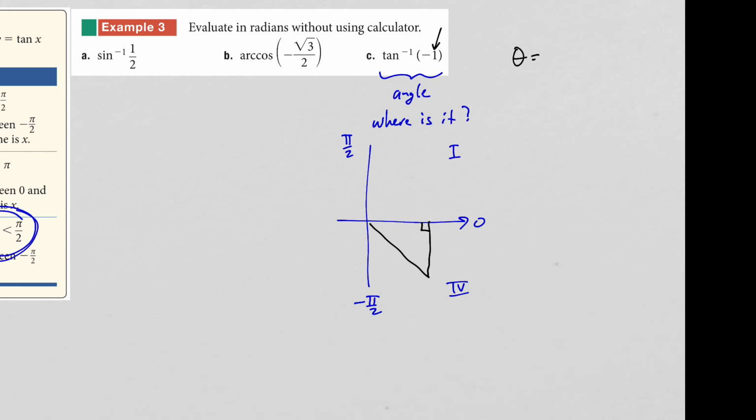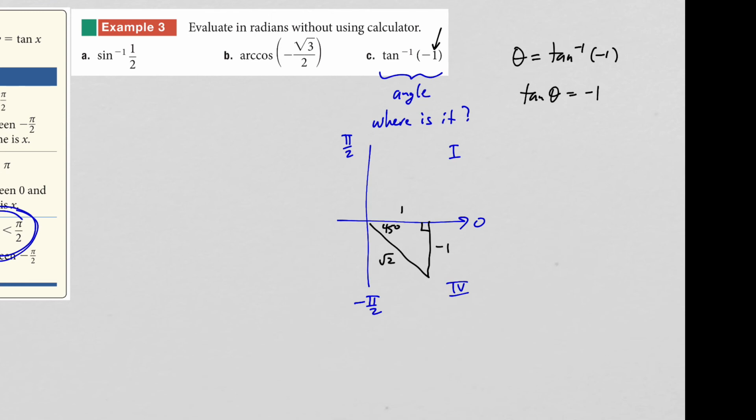Well, if theta, your angle, equals inverse tangent of negative 1, that's the same thing as saying tangent of theta equals negative 1. And that means in this right triangle, the opposite side divided by the adjacent side has to equal negative 1. So that would be negative 1 over 1, which means the missing side is radical 2, and you should all recognize that this angle here is 45 degrees.